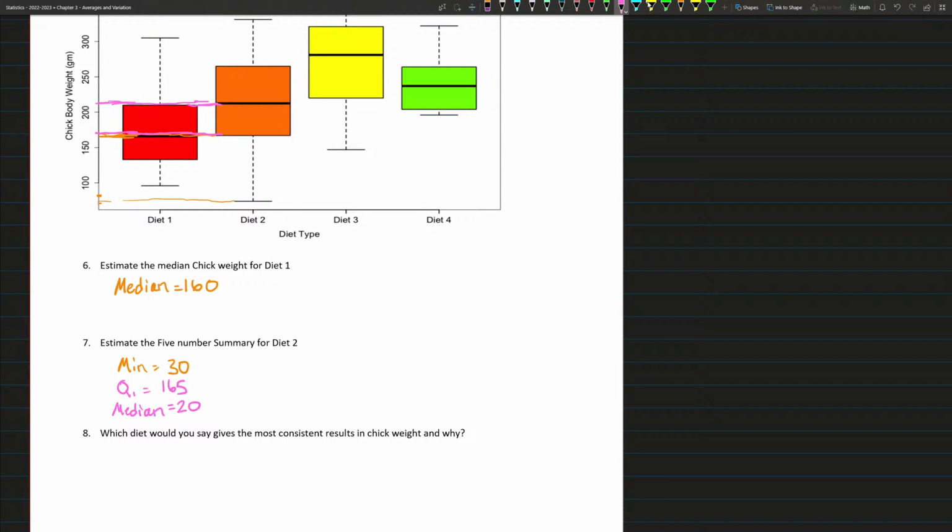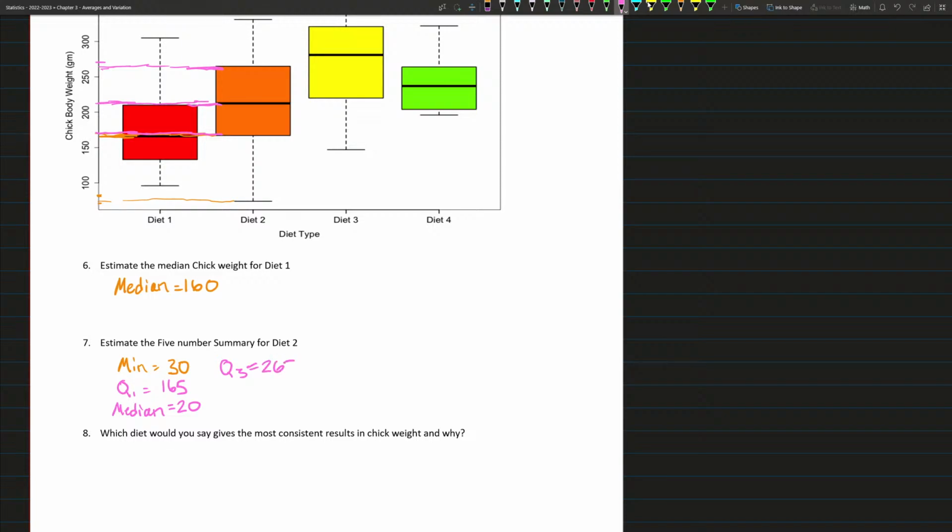And again, these numbers don't have to be exact, but they should be pretty close. Q3, that's this value right here. So probably that would be about 275, so just under that. So we could say 265.